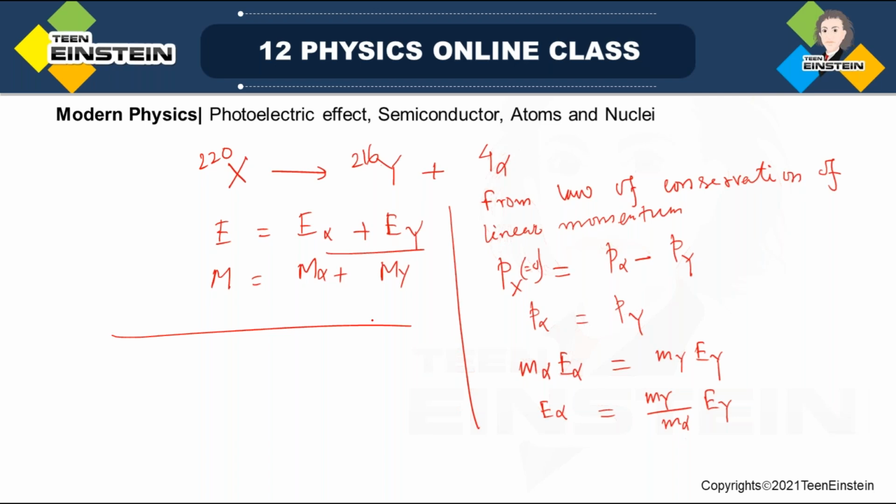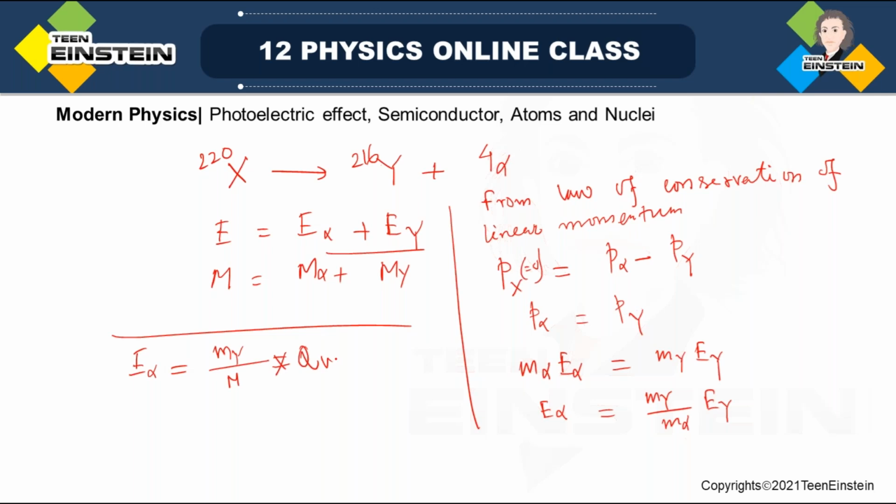E alpha is equal to the mass of the nucleus divided by the total mass, times the Q value.